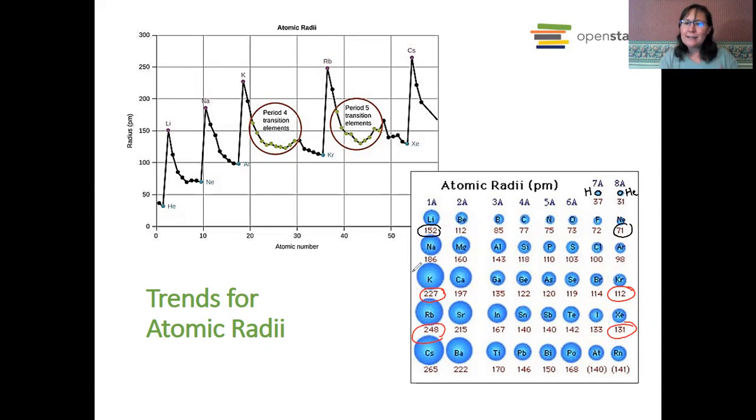So that increasing nuclear pull is pulling so tightly. Okay, it also means that on our periodic table, the largest are here and the smallest are up here. And you can actually draw a line that just goes up like that between largest and smallest. Okay.